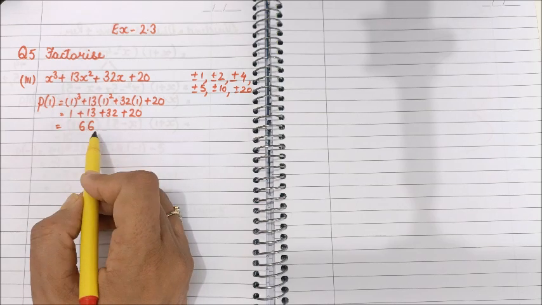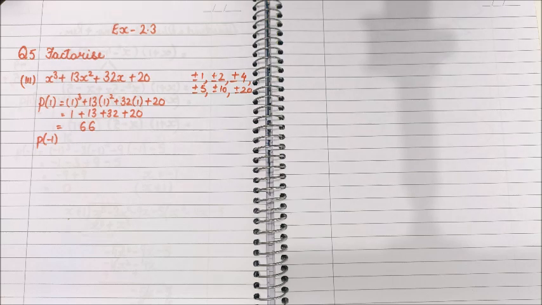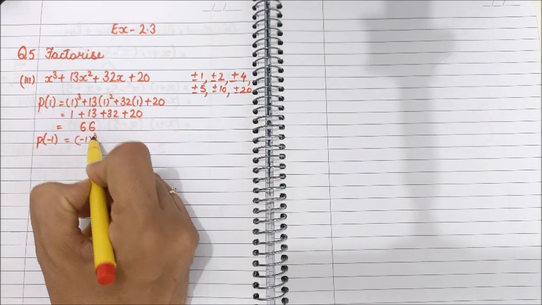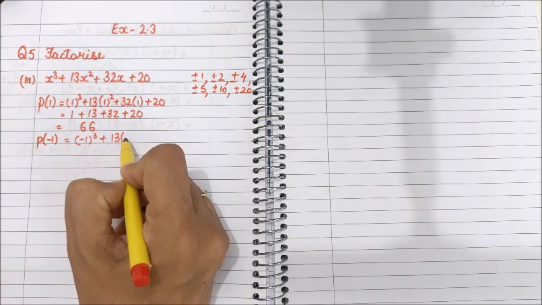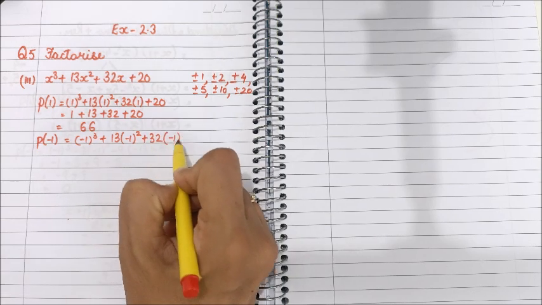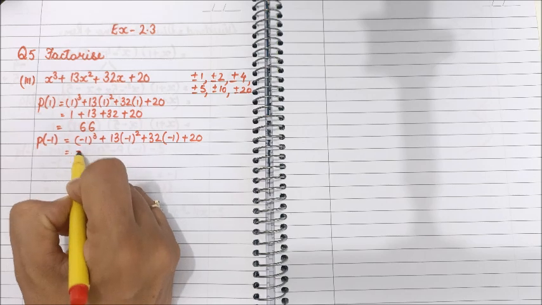Now I'm going to try by putting the value of x as minus 1. So it will be minus 1 cube plus 13 into minus 1 square plus 32 into minus 1 plus 20. As this is an odd power, it is going to give me minus 1.